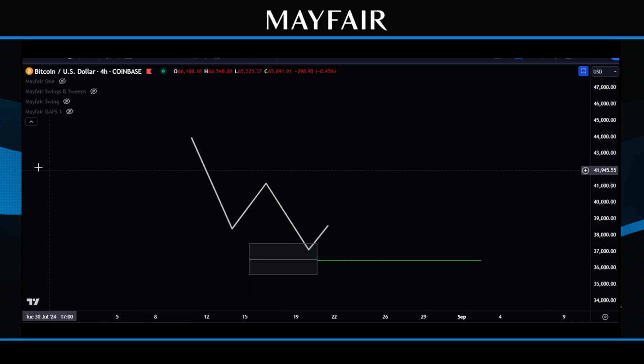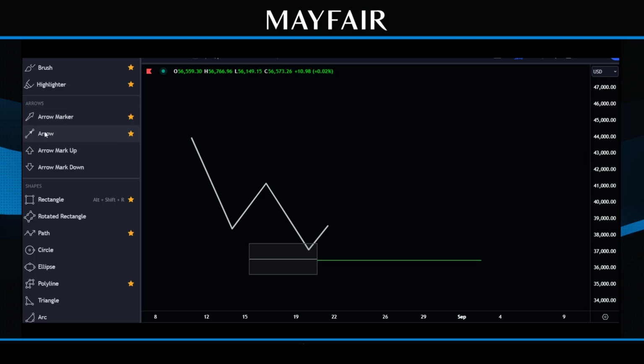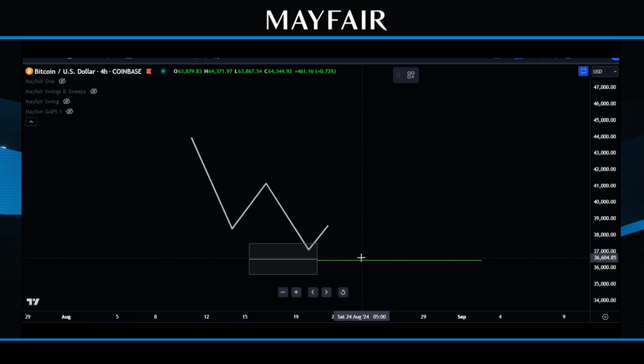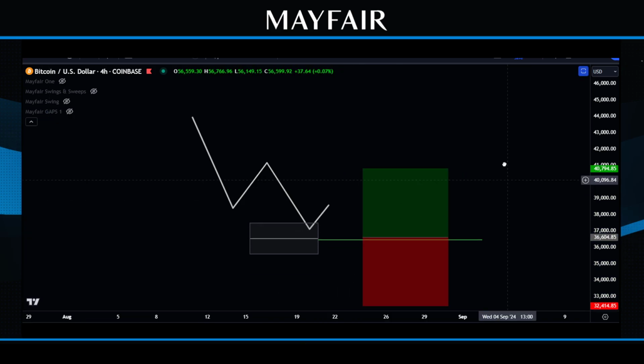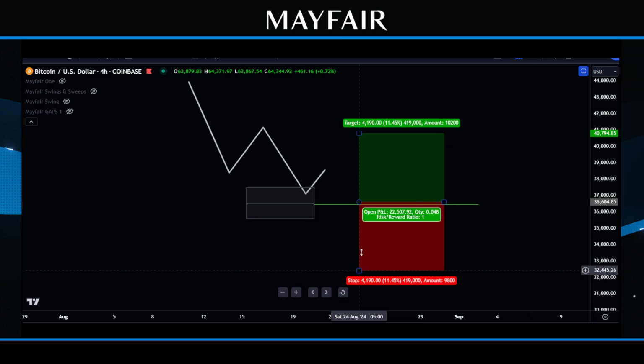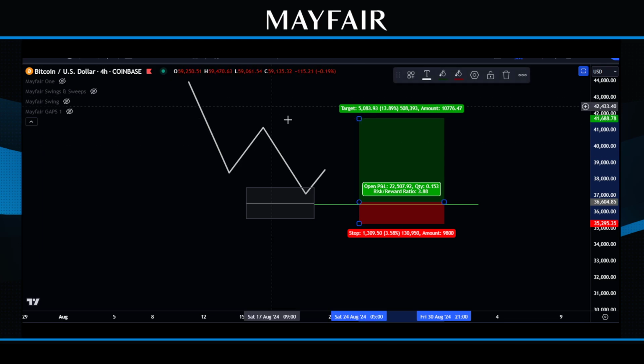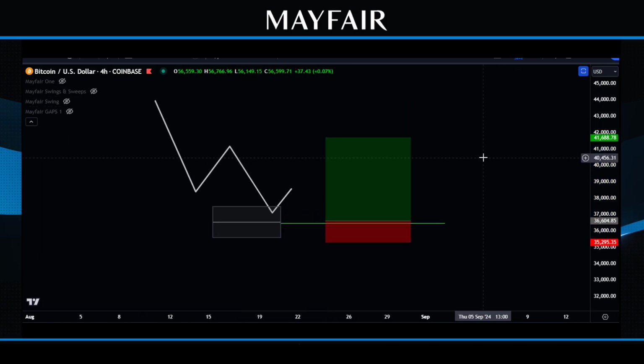So, let's just assume that we're watching this price come down like this. Now, at this particular stage, I'm going to be looking at this and saying, well, let's assume that we want to take this position long. And we say, oh, well, if it gets to this level, it's definitely going to bring up a stop loss like this. I want to take this up to this particular high, just as an example.